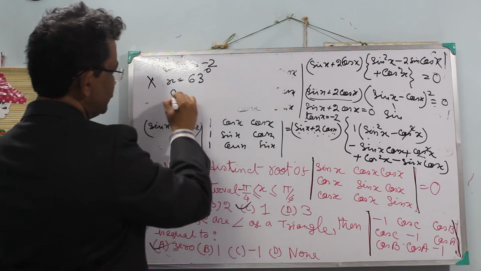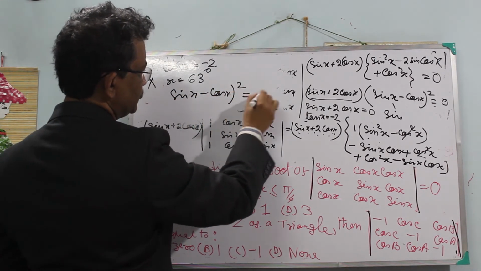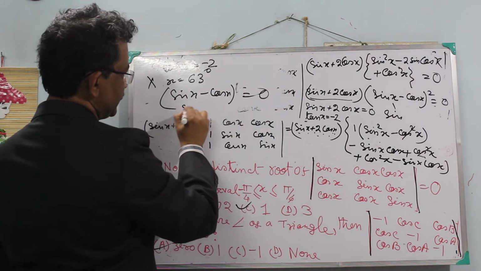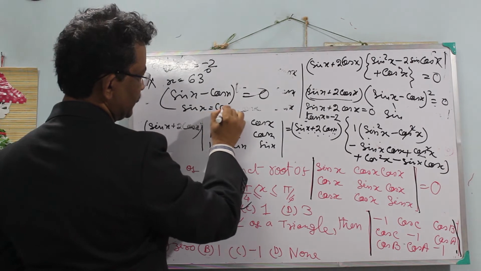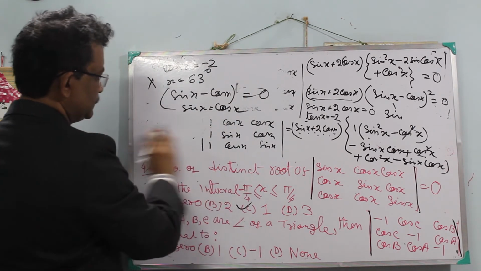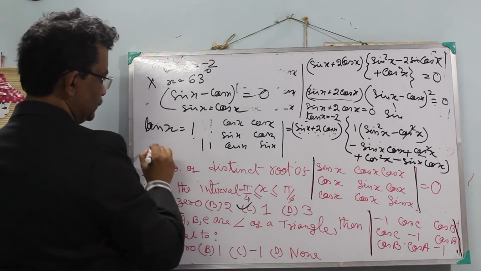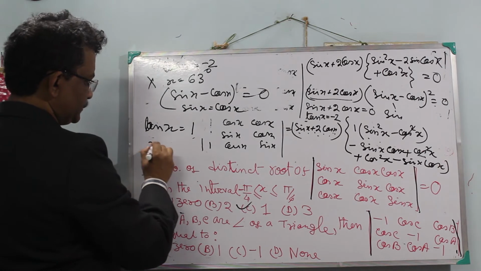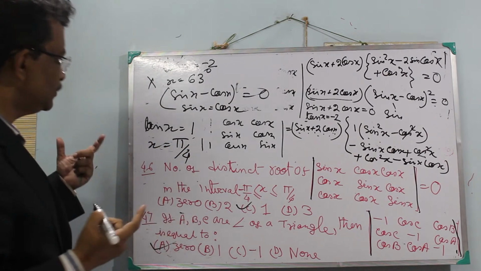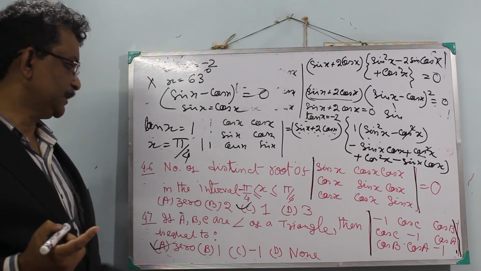But if sin x minus cos x whole square is equal to 0, then sin x is equal to cos x, or tan x equals 1. When tan x is equal to 1, x equals pi by 4. So there is only one solution, x equals pi by 4. So C is the correct answer.